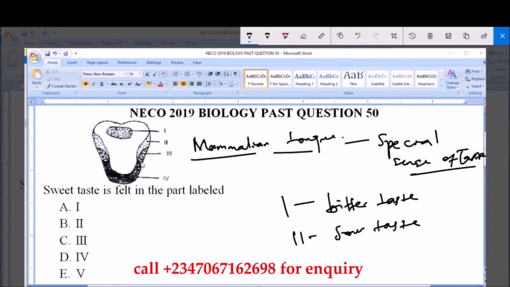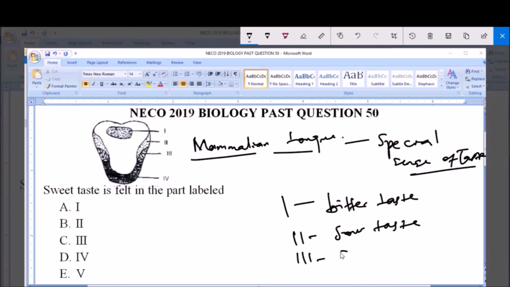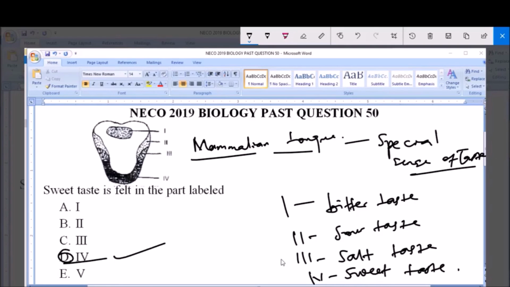This one at the side in the front is for salt taste. And then the tip of the tongue here, which is in front here, IV, is for sweet taste. So therefore the answer to this question is option D, IV. So sweet taste is felt in the parts labeled what? IV, and that is option D.